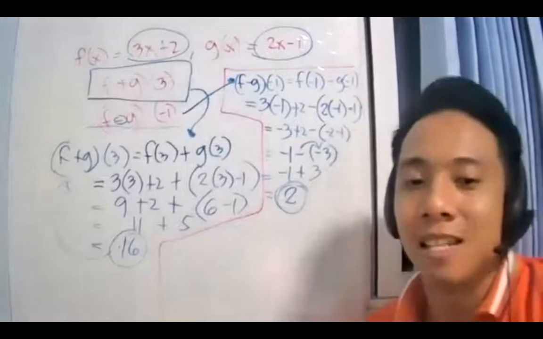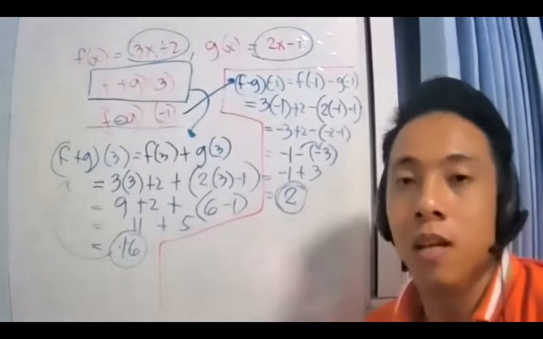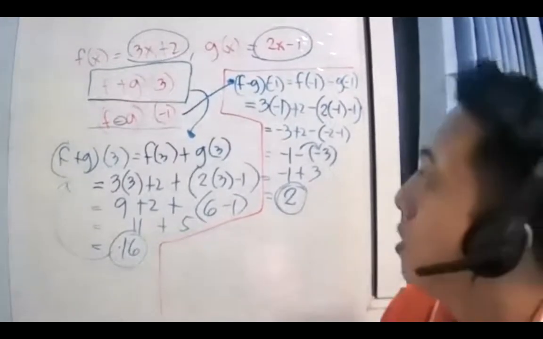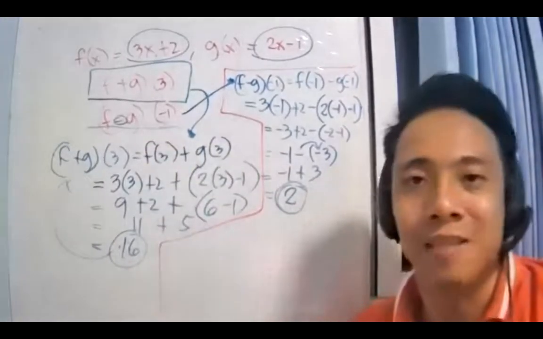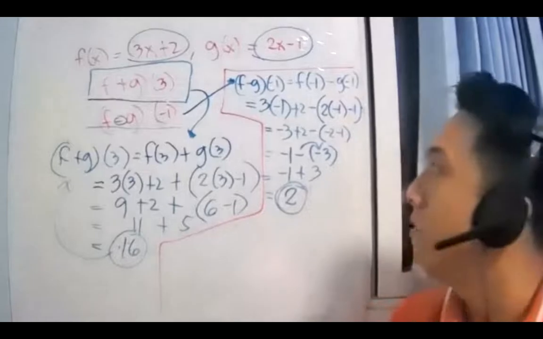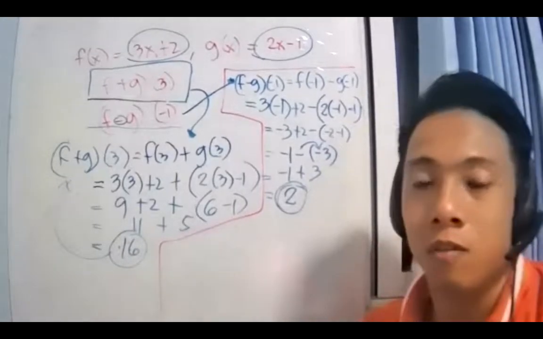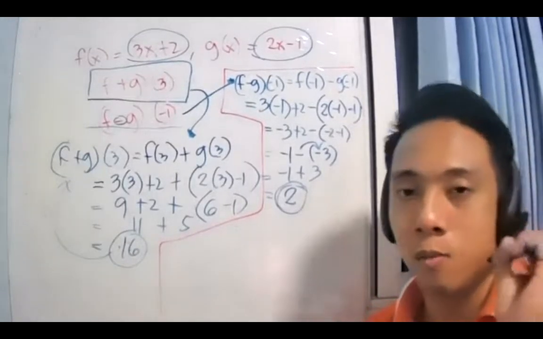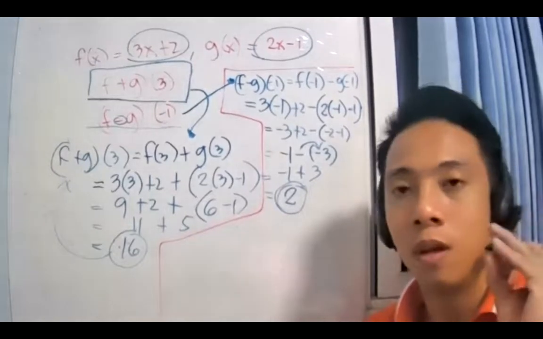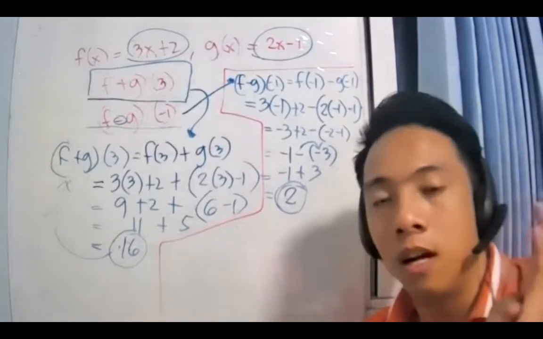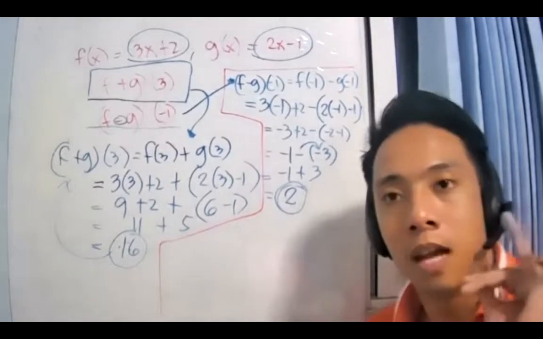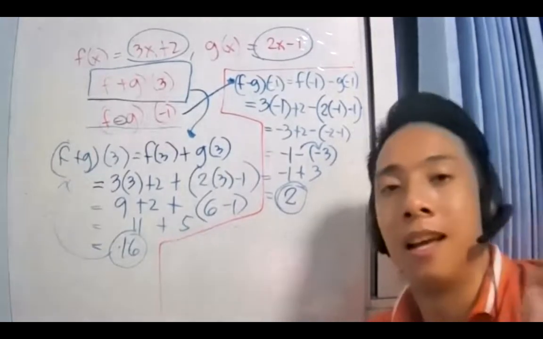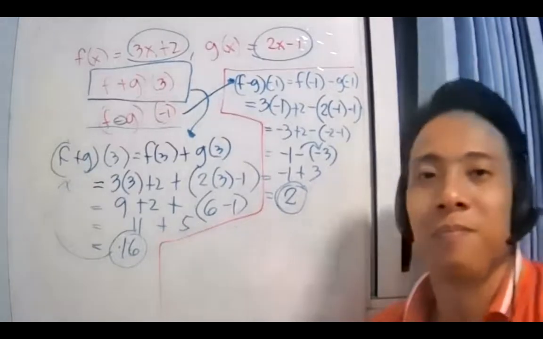Okay, that is how we can solve those if we are using numbers. Okay, as simple as that. I will give you time to take a screenshot or photo. 1, 2, 3, 4, 5, 6, 7, 8, 9, and then 10.